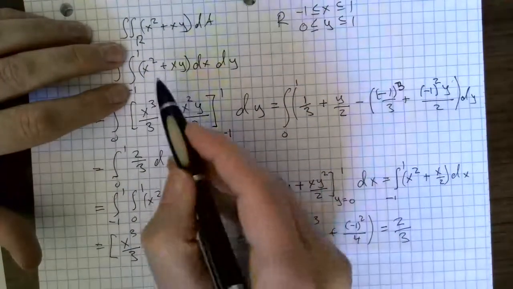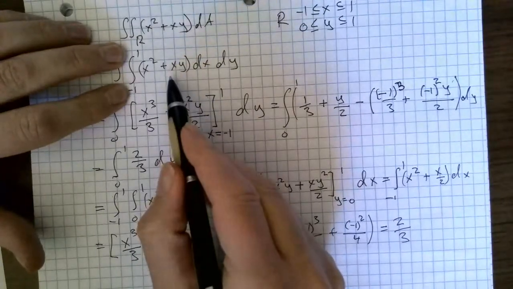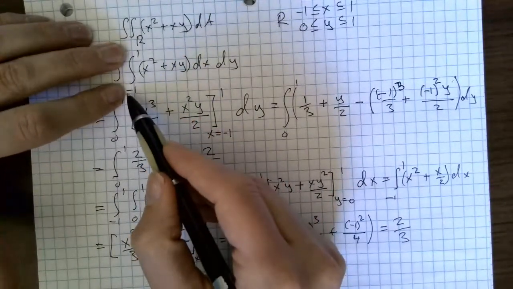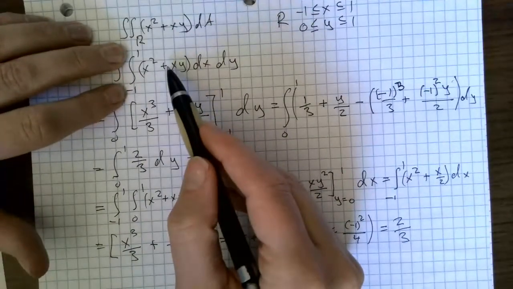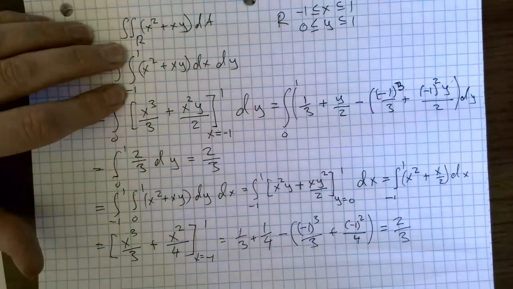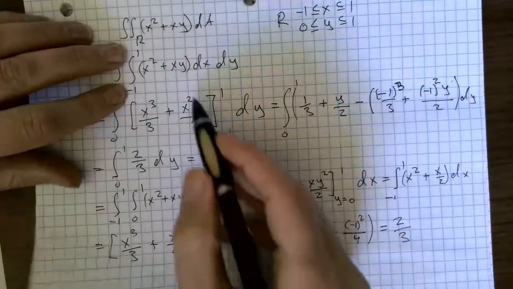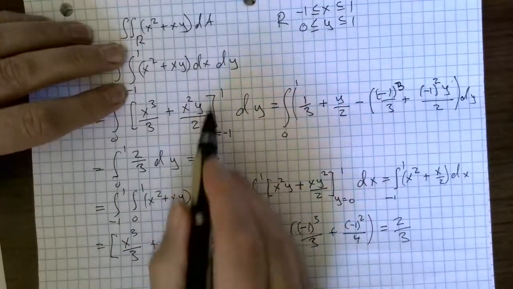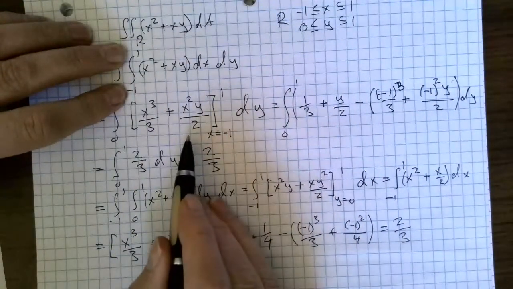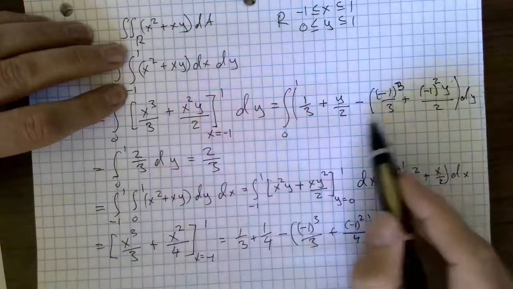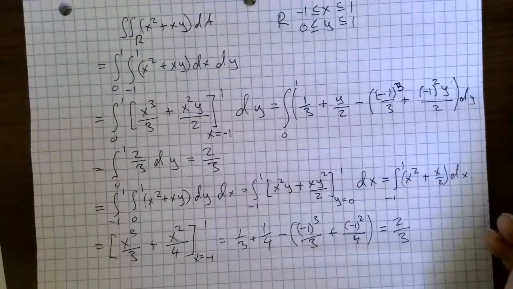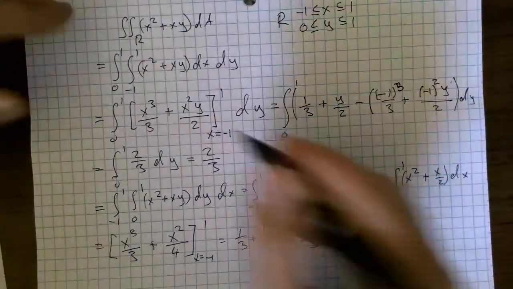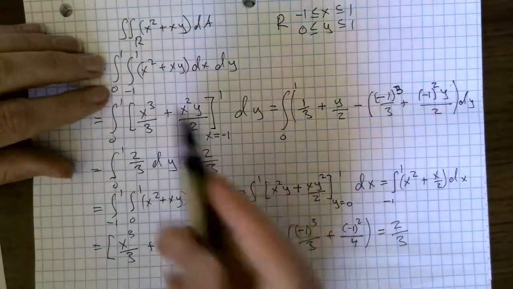I know that the integral of the xy from -1 to 1 with respect to x is just going to be 0. Once I plug everything in, you can see that those terms actually cancel out. So if I notice that, I might say, well, maybe it's this.